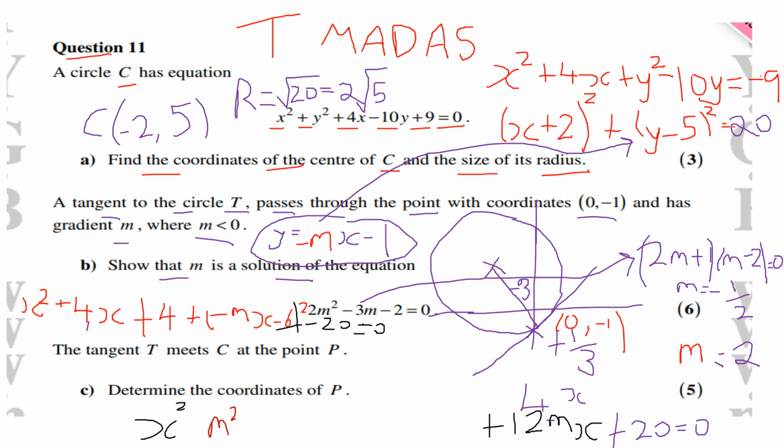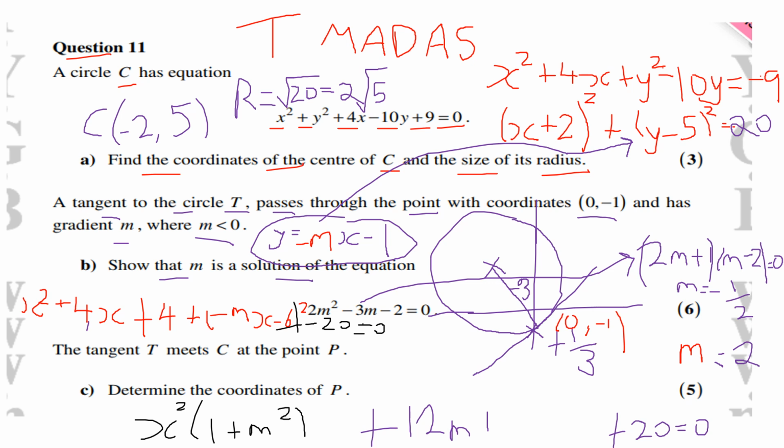So we're going to have x squared brackets 1 plus m squared, and then plus 12m plus 4 lots of x, put in brackets, and then plus 20.